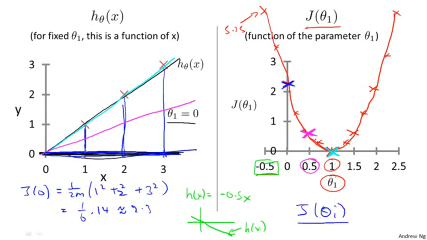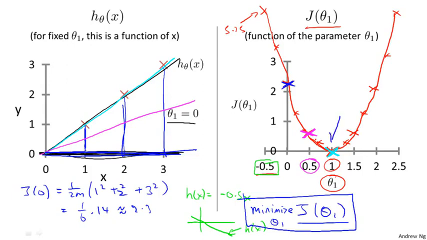Now, you remember, the optimization objective for our learning algorithm is we want to choose the value of theta 1 that minimizes J of theta 1, right? This was our objective function for linear regression. Well, looking at this curve, the value that minimizes J of theta 1 is theta 1 equals 1.